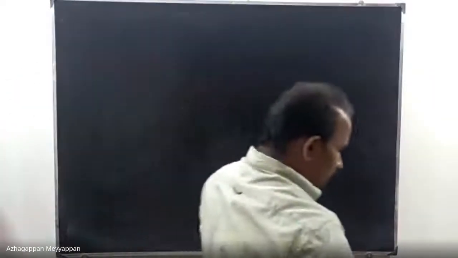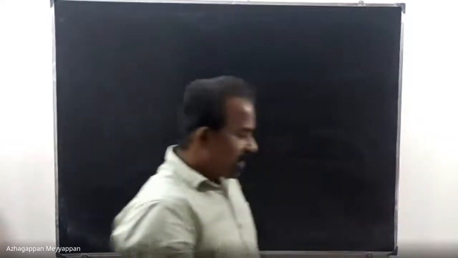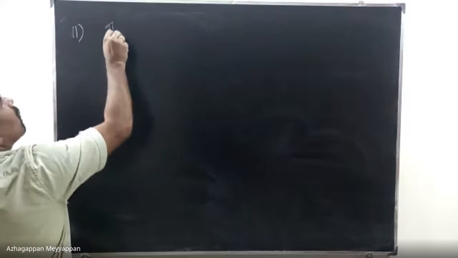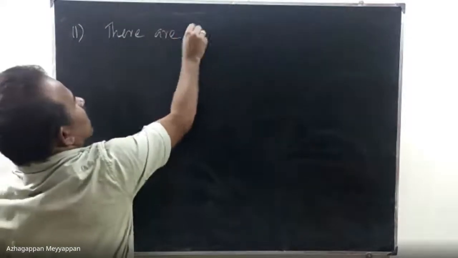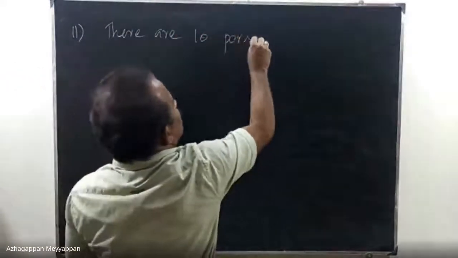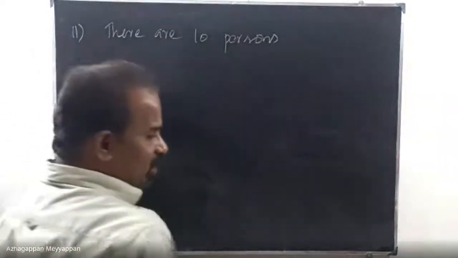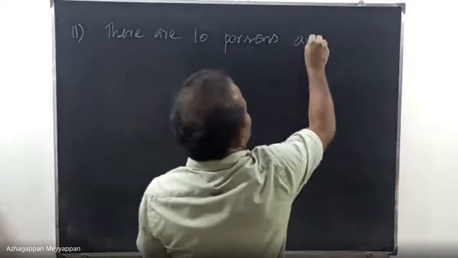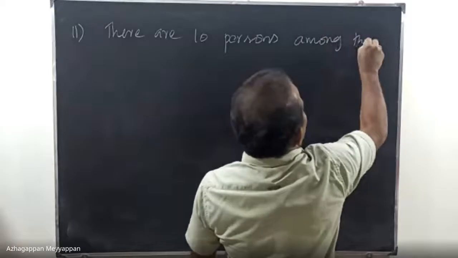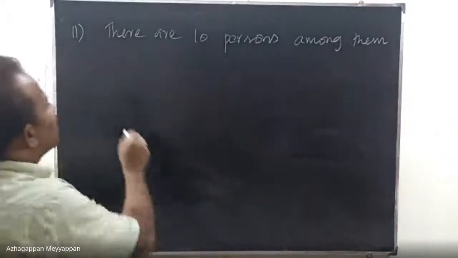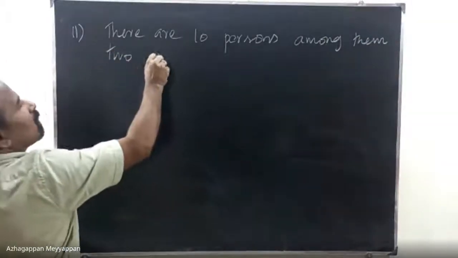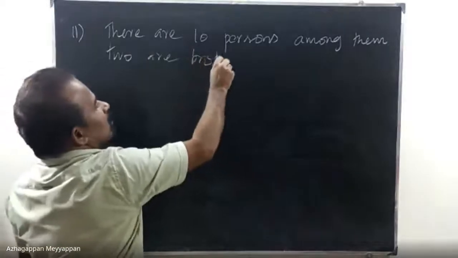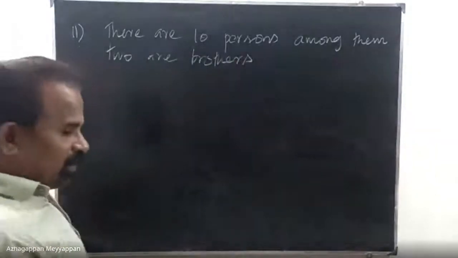The next question is, there are 10 persons, among them 2 are brothers.